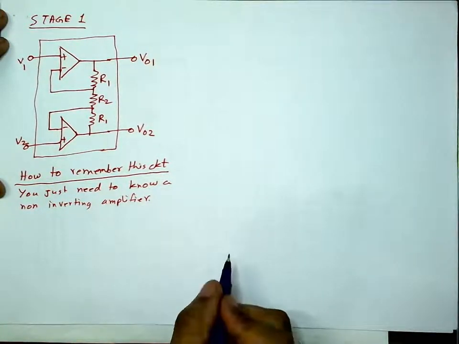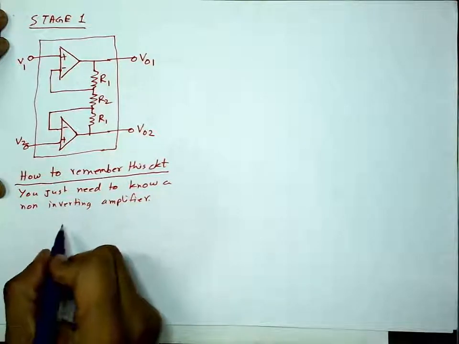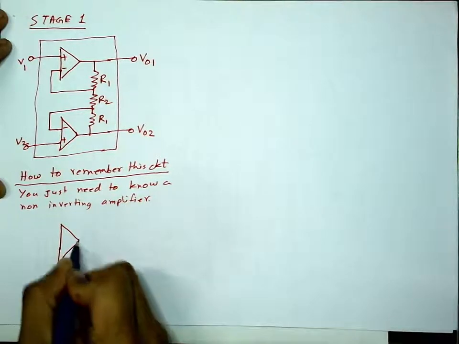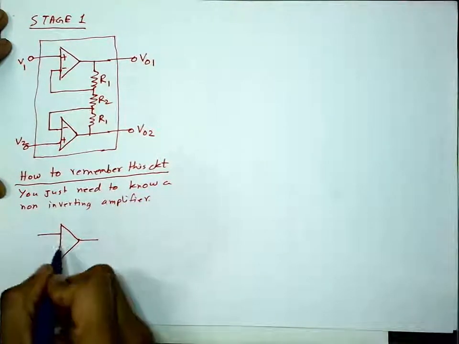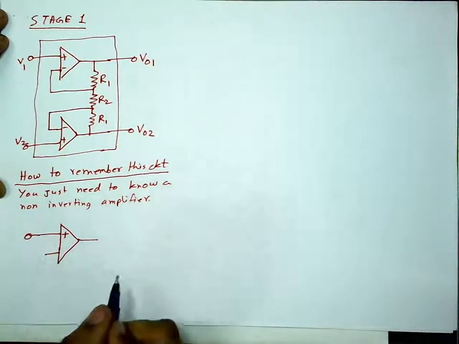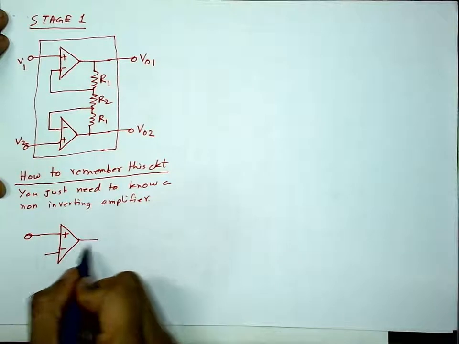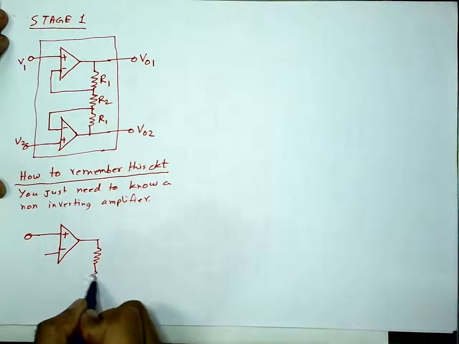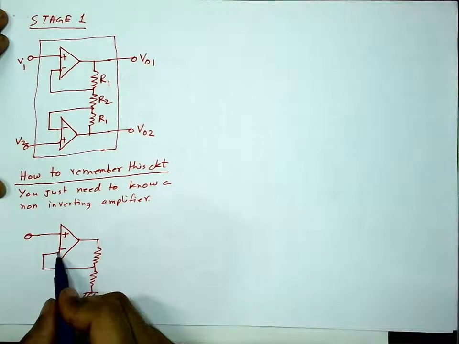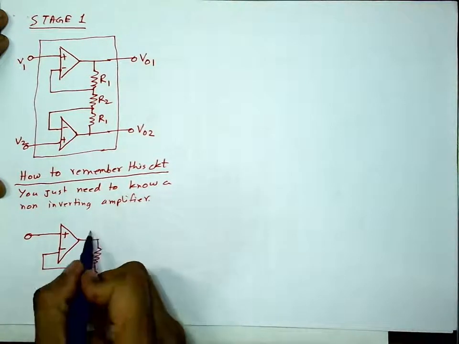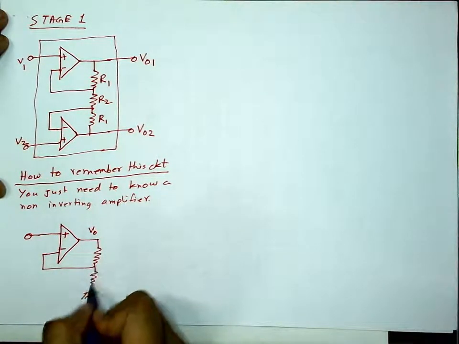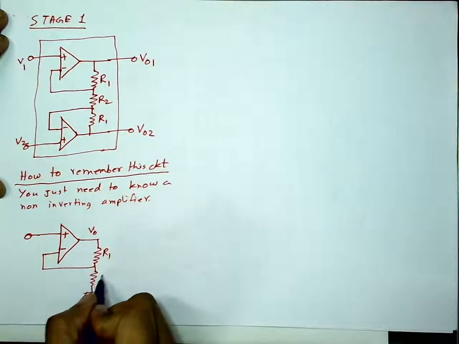Let me do it here. So how does a non-inverting amplifier look like? This is a non-inverting amplifier I'm going to draw. It has the input coming to the plus terminal and a fraction of the output is fed back to the inverting terminal. If this is VO, a fraction of that, call it R1 and R2.